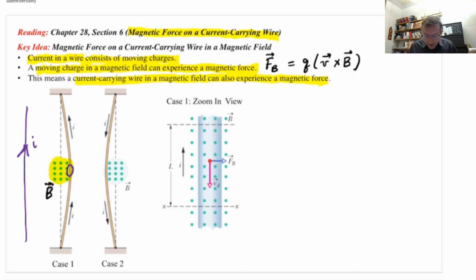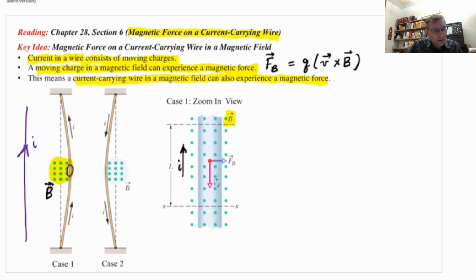Case 1, zoom in view. That's a region of this wire that is immersed in the magnetic field B that's nice and uniform and coming out of the screen towards us. That's what the green dots represent. There is a conventional current I flowing upward in the plane of the screen through the wire; they just drew the I over to the side.